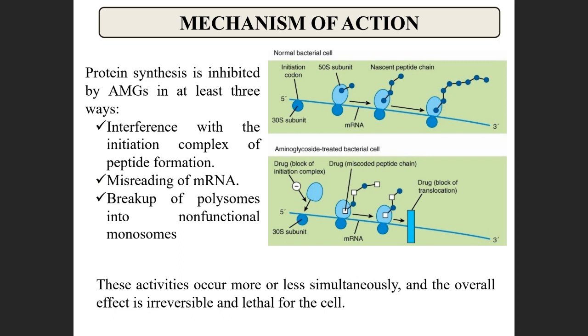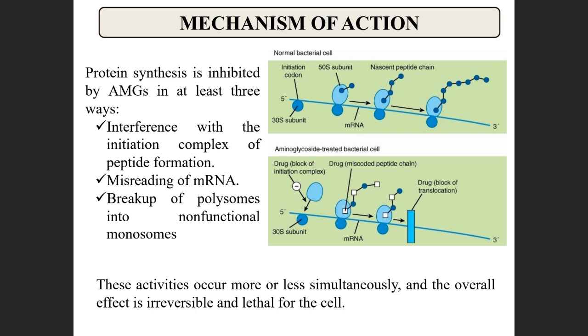Interference with the initiation complex of formation of the peptide chain. So here it is interfering with the initiation of the complex, and misreading of the RNA, and breaking up the polysomes into monosomes.